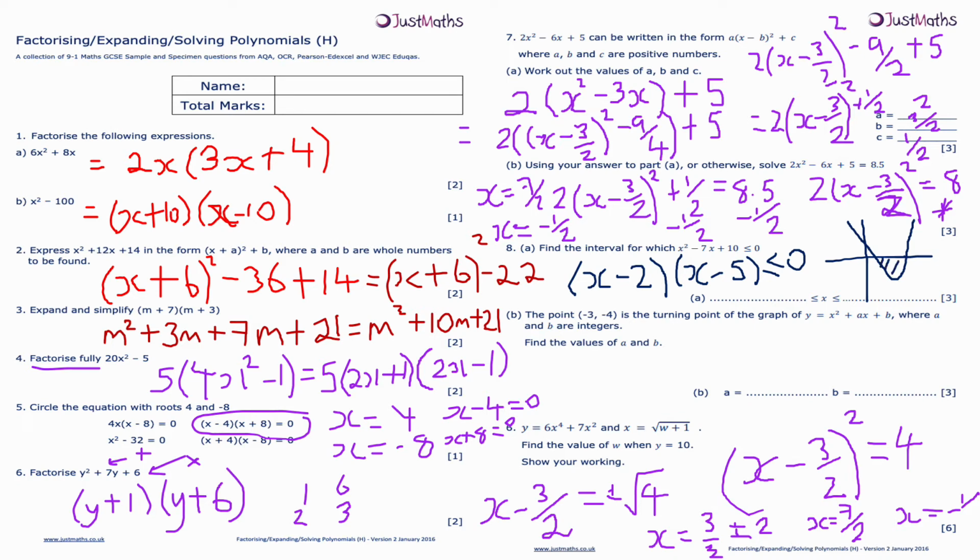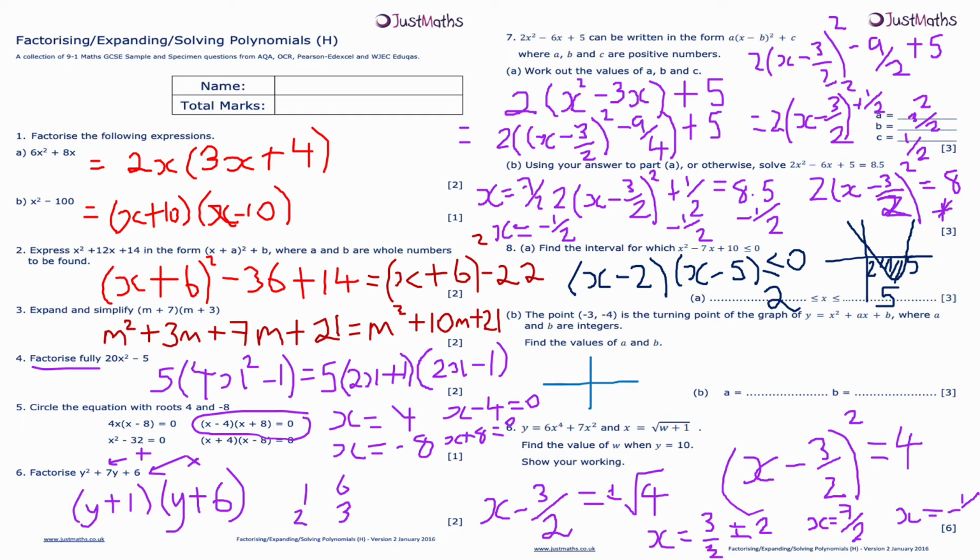This is part B. The point -3, -4 is the turning point on the graph y equals x squared plus ax plus b, where a and b are integers. Find the values of a and b. If that's the turning point, that's what I call my minimum point, so -3, -4 is going to be somewhere here, roughly. The graph's going to turn like this, because it is a turning point.